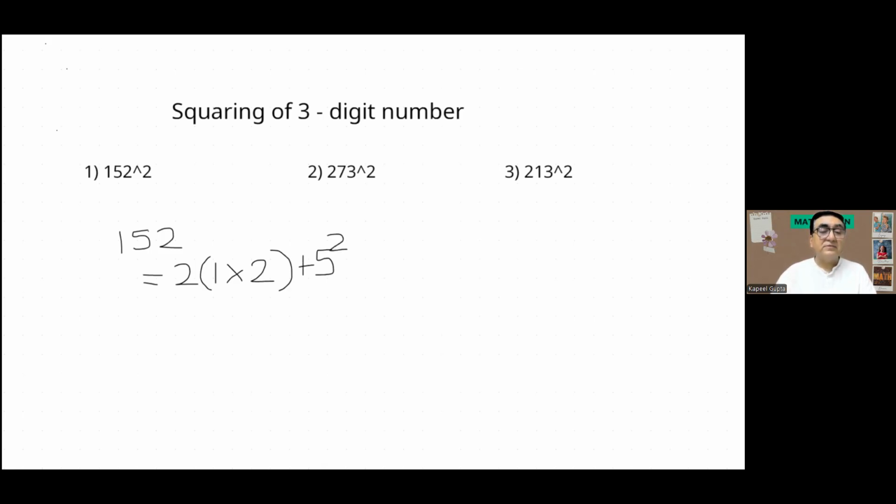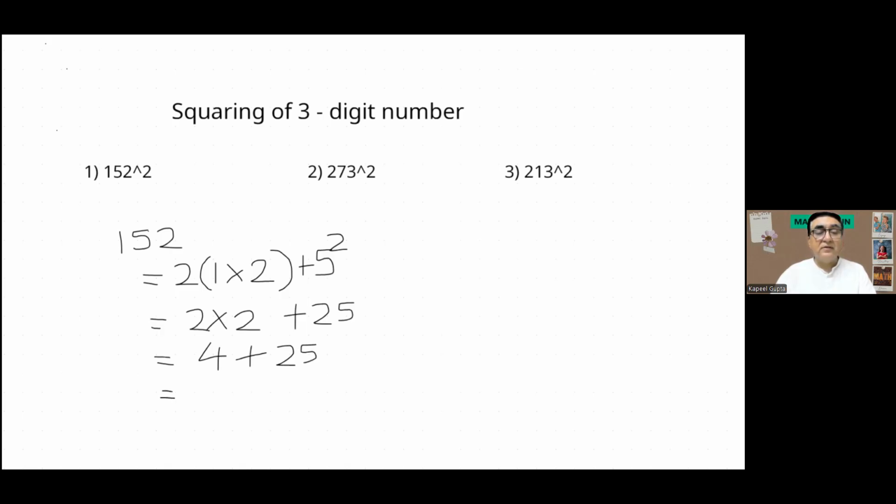So calculating the square for it, that means it becomes 2 multiplied by 2 plus 5 square, that is 25. So that is 4 plus 25, that comes to be 29.